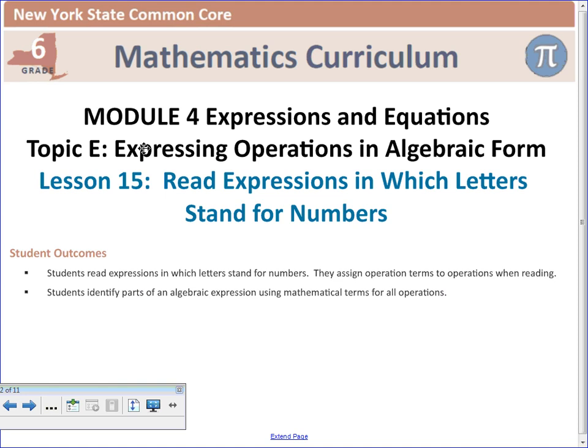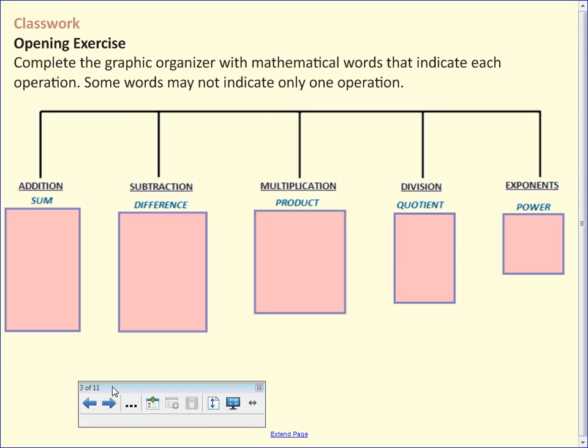We're going to express operations in algebraic form. So let's take a look at exactly what that means. You started working on this graphic organizer to go over some mathematical words. So for example, addition. If you saw the word sum, you would know that that implies that you need to add. What are some other words that would indicate that it's an addition problem?